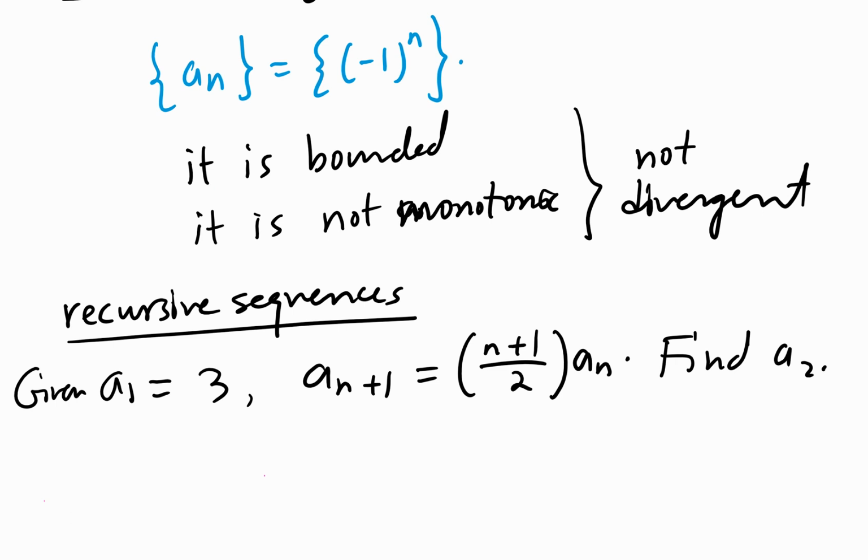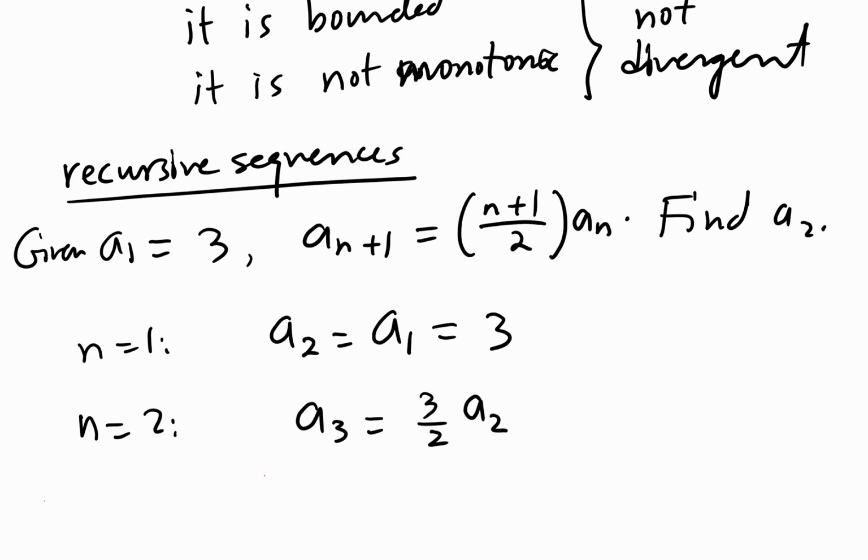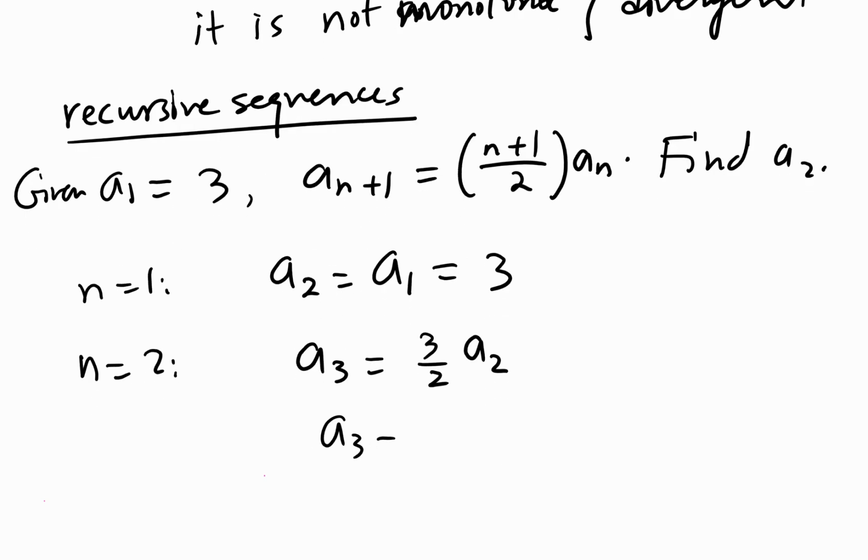The least value I can pick is n equals 1. That gives me a_2 is (1+1)/2, which is 1, times a_1. So it's 1 times a_1, which is 3, as given. Now if I take n = 2, that gives me a_3 is (2+1)/2 times a_2. We just found a_2 is 3. So that makes it 9/2.